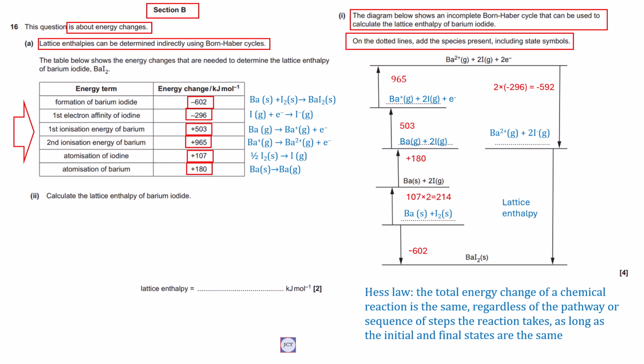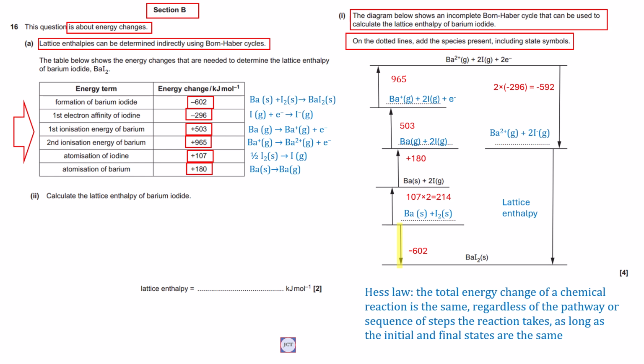Hess's law tells us that the overall energy change of a chemical reaction remains the same, no matter the pathway or sequence of steps taken, as long as the initial and final states are identical. Therefore, the reaction between solid barium and solid iodine to form solid barium iodide releases -602 kilojoules per mole.